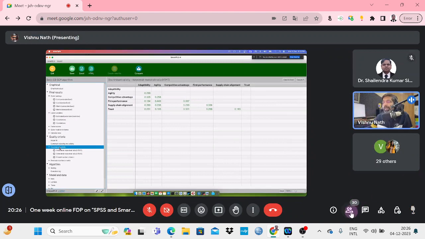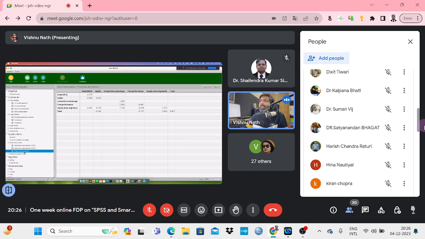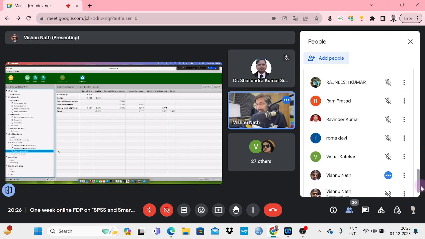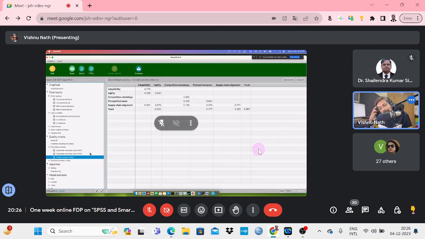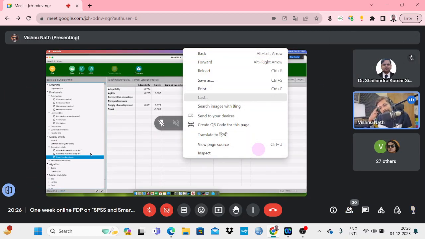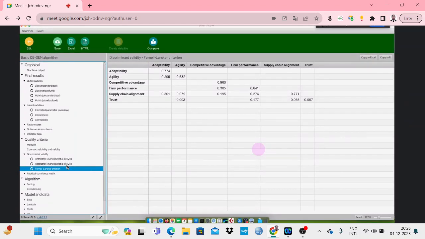For that, we have a criterion known as the Fornell-Larcker criterion, which is used for CB-SEM. The heterotrait-monotrait ratio is largely employed for PLS-SEM. If you are doing analysis via PLS-SEM, it is important that you report the heterotrait-monotrait ratio, and if you are doing CB-SEM, you report the Fornell-Larcker criterion.